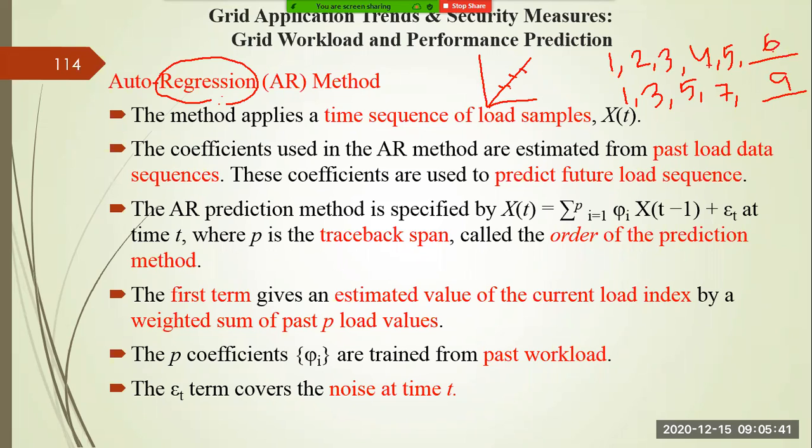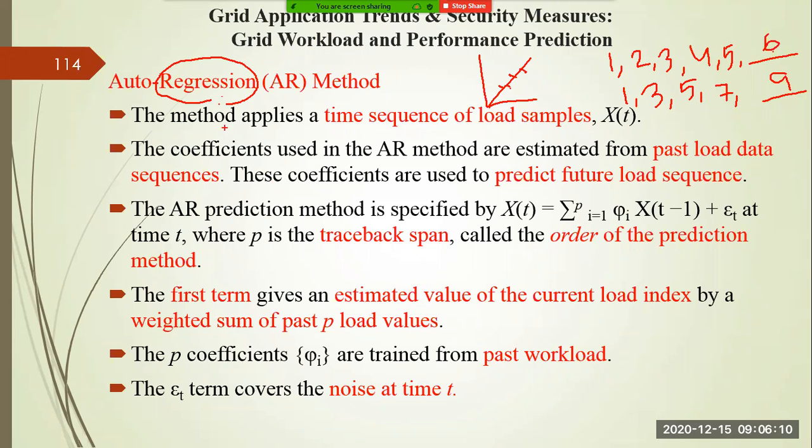So in AR regression, or auto regression, which we call the AR method, it applies to a time sequence of load samples, just like the sequence of numbers you have seen. The load samples are represented by x. Then the coefficients used in the AR method are estimated from the past load sequence.